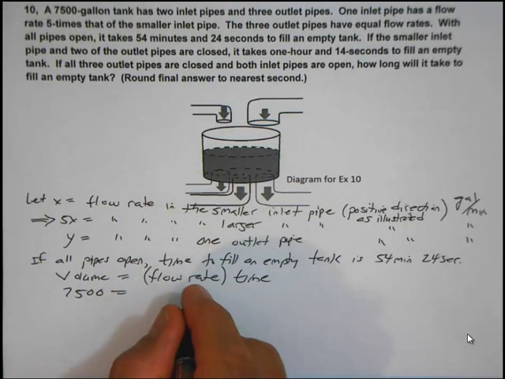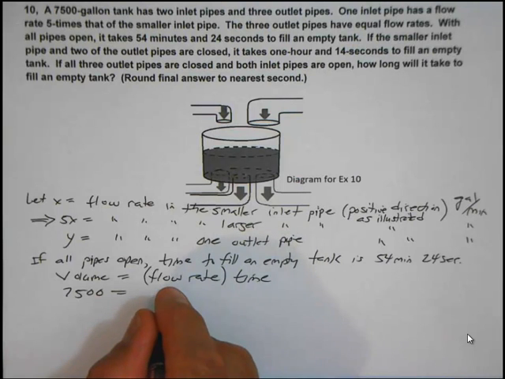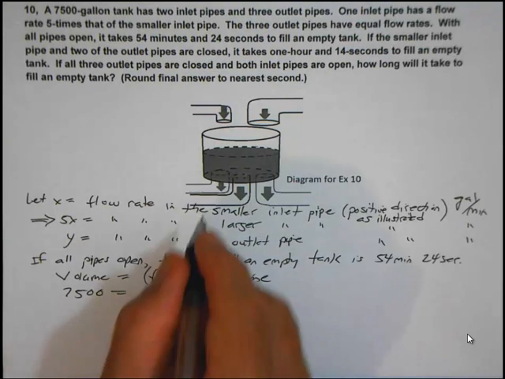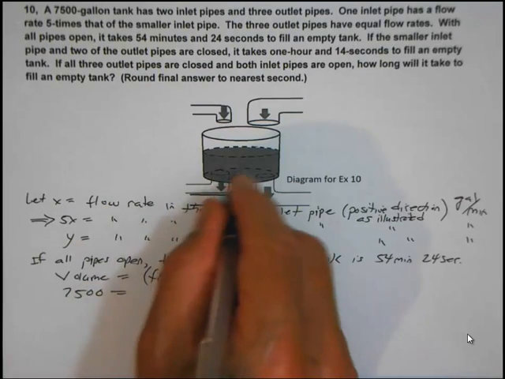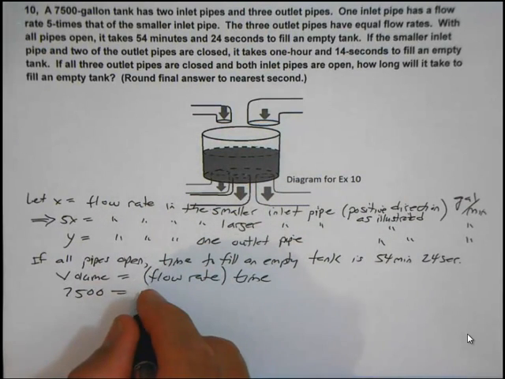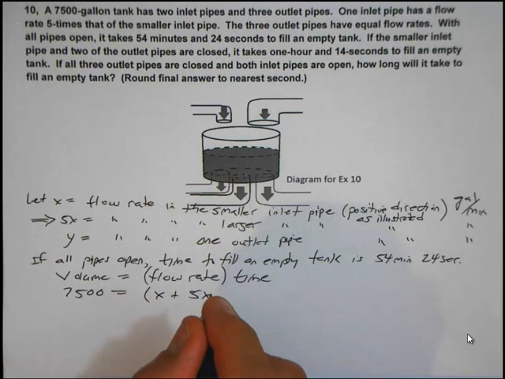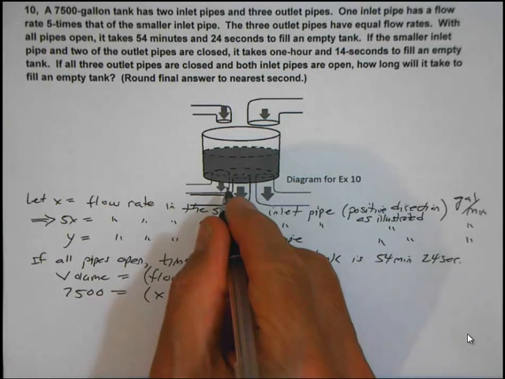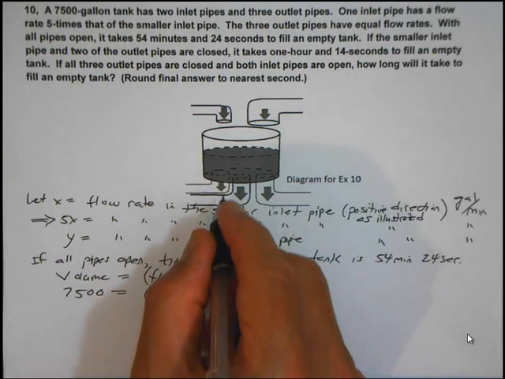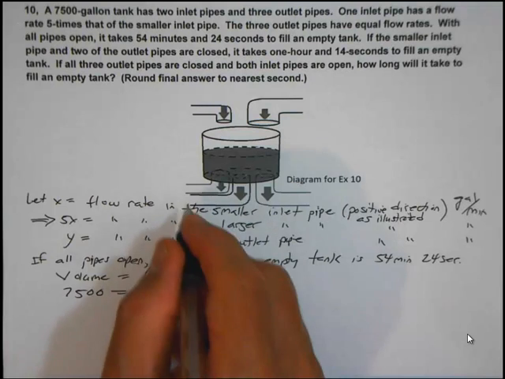Flow rate. Now, all the pipes are open. So flowing to fill the tank here are the inlet pipes. Now we have x for the smaller one, 5x for the larger one. Now these outlet pipes are taking water out of the tank, draining it away.